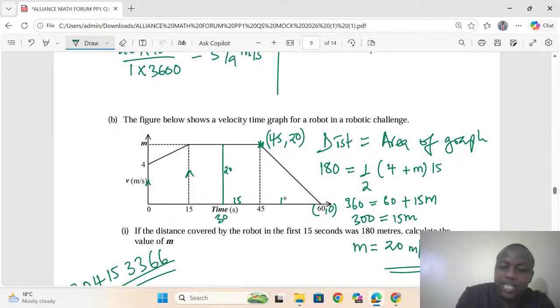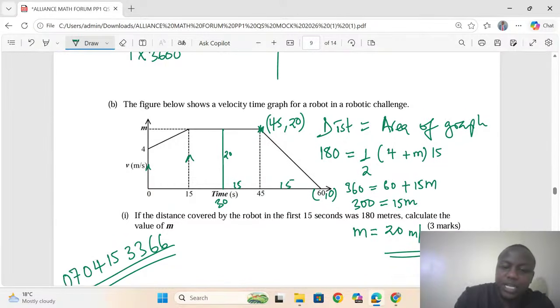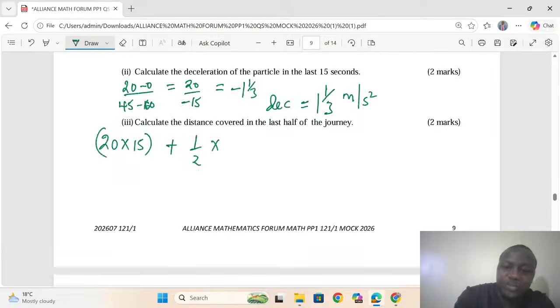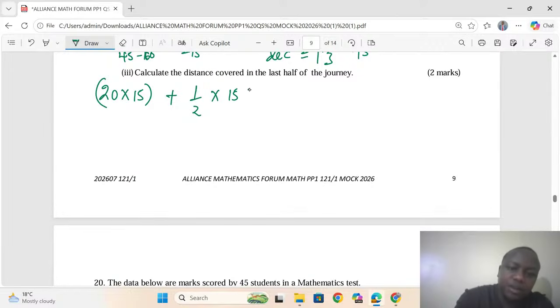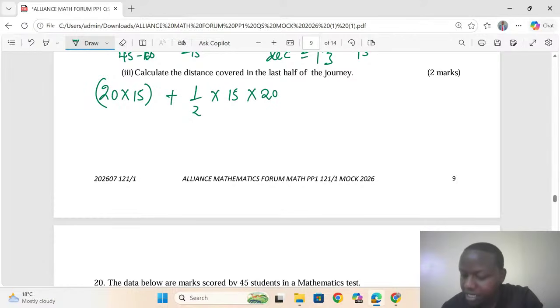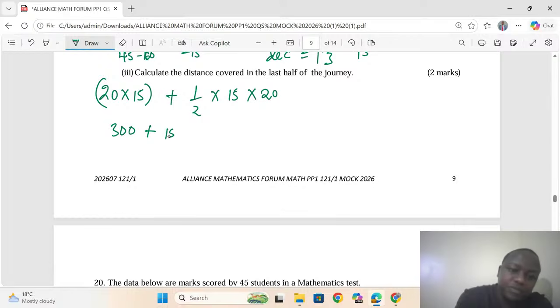This is 15 again, from 45 to 60, and vertically 20. So 15 by 20 halved. So it shall be 20 by 15, which is 300, plus 150, which is 450 meters.